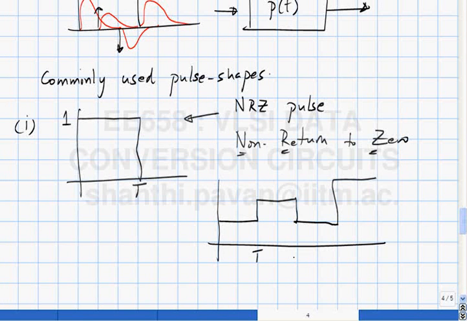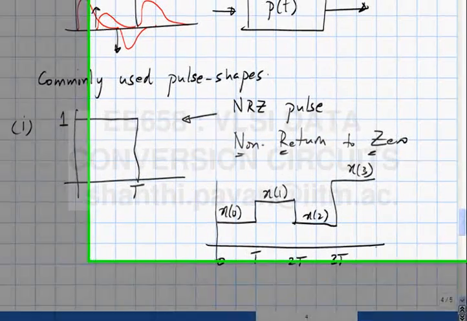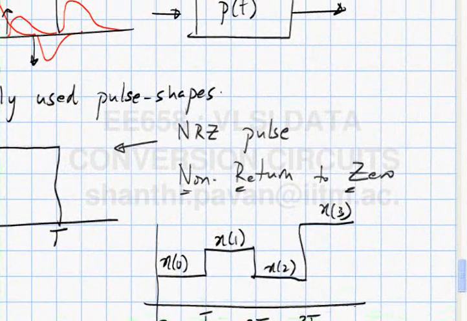Okay, so this is t, this is 2t, this is 3t. Alright, so this is x of 0, x of 1, x of 2, x of 3. Clearly this is also a rough waveform, but this is certainly smoother than having impulses, because the discontinuity in the case of impulse is infinite, whereas here there is only a finite amount of jump.